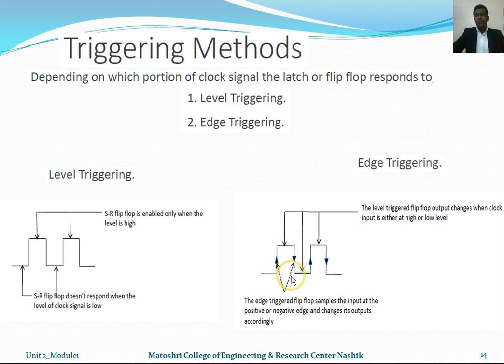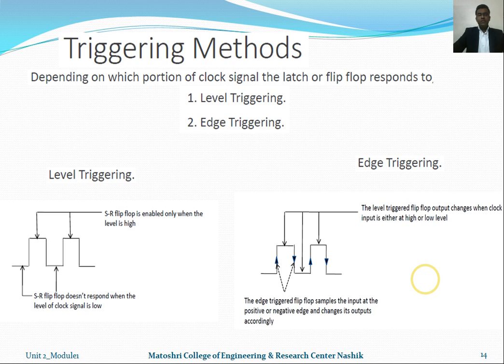In other words, we call them the positive edge and negative edge, or the rising or falling edge. When the flip-flop is triggered during the positive rising edge, we call it a positive edge triggering flip-flop, and when the flip-flop is triggered on the falling edge, that is the negative edge, then we call that flip-flop a negative edge triggering flip-flop.